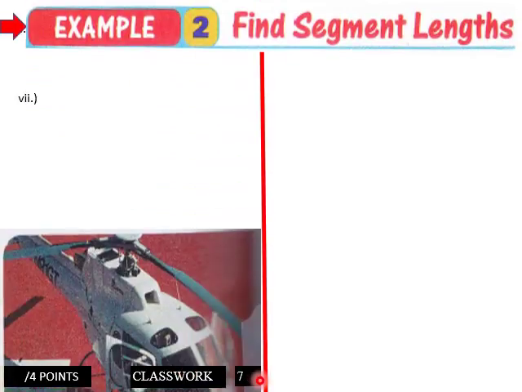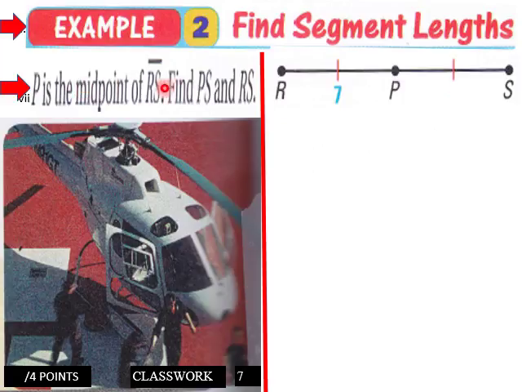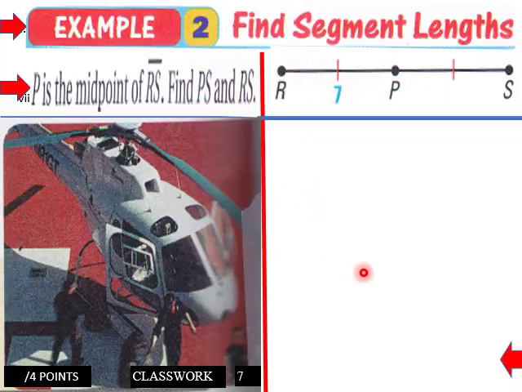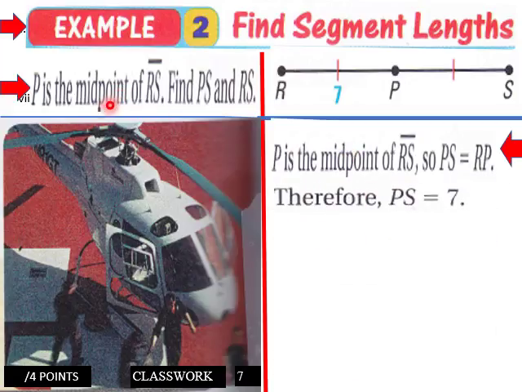We have classwork page 7 here. Find segment lengths. So P is the midpoint here of RS. Find PS and RS. If P is the midpoint of RS, and we know RP, don't we? P is the midpoint of RS, so PS equals RP, therefore PS equals 7.